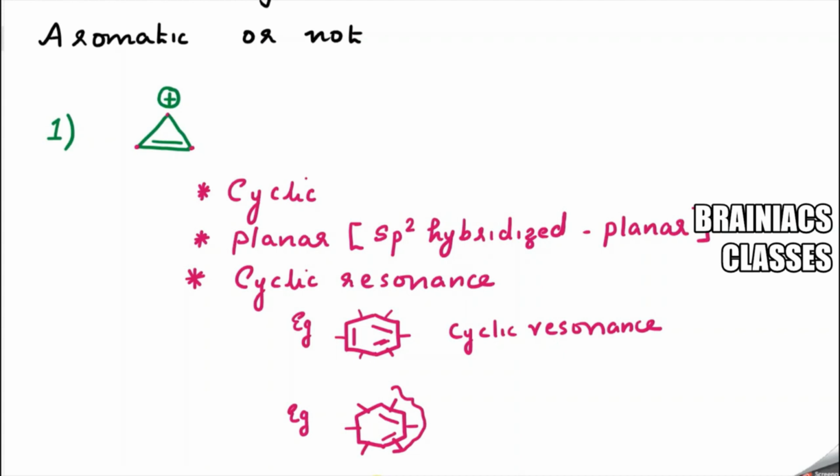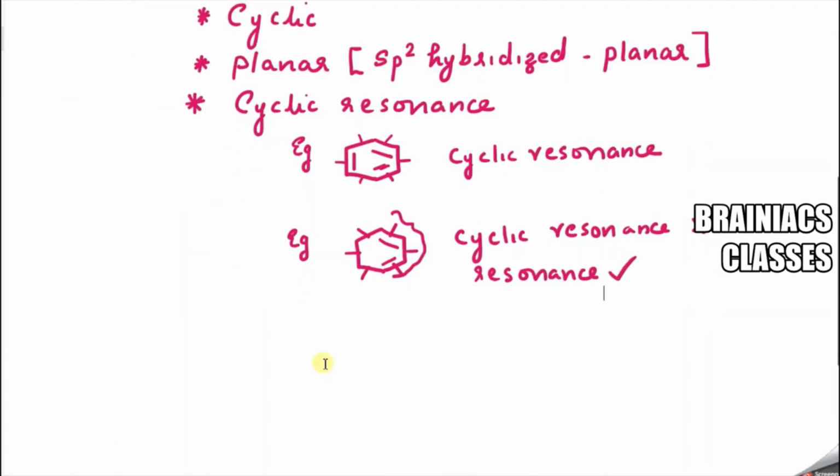That's a conjugation. But throughout the ring, there is no resonance. Why? Because double bond, double bond, then single bond. Then here a double bond should come, or some lone pair, or some positive charge, but it is not there. That means cyclic resonance is absent, but resonance is present. That is the difference between these two.